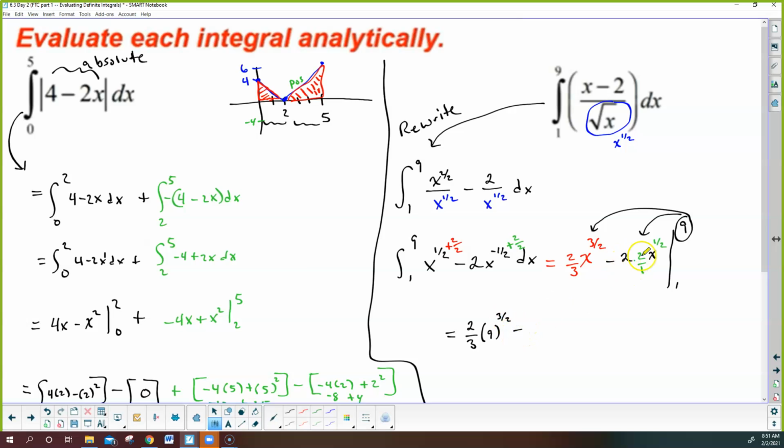And we know that negative 2 and 2, that's going to give me 4. So I'm going to simplify that piece here. And you could even write, instead of the 1/2, you could write that as the square root of 9 if you'd like. And then we're going to evaluate the lower bound as well. So 1 is going to go into both spots where the x occurs.